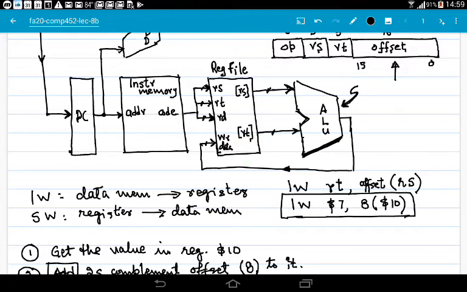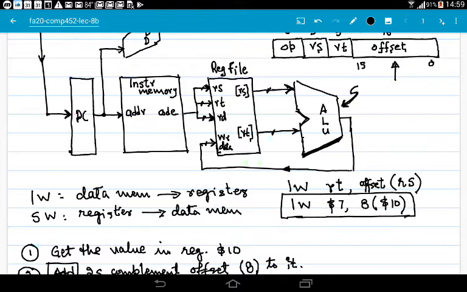So, we want to convert this 16-bit value to a 32-bit value, and since this offset is in 2's complement format, we need to preserve the sign of the number.